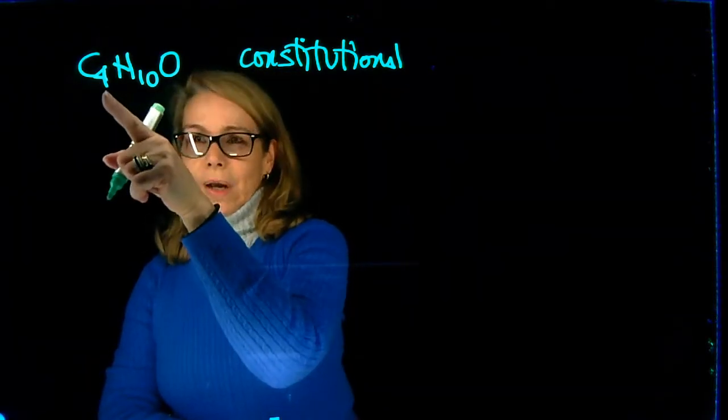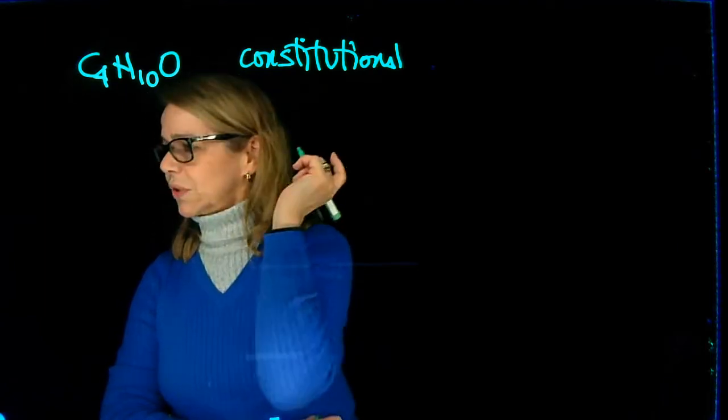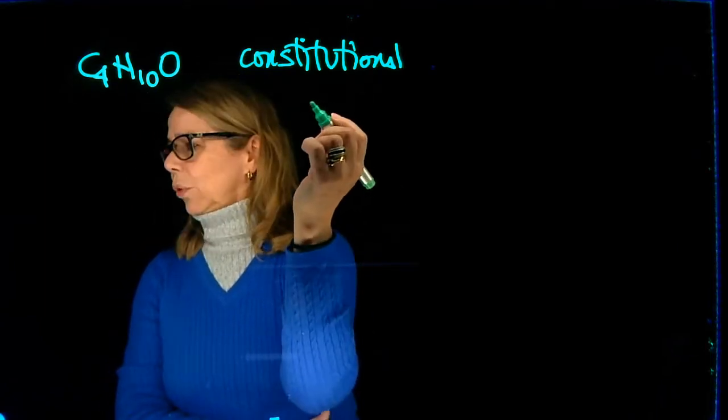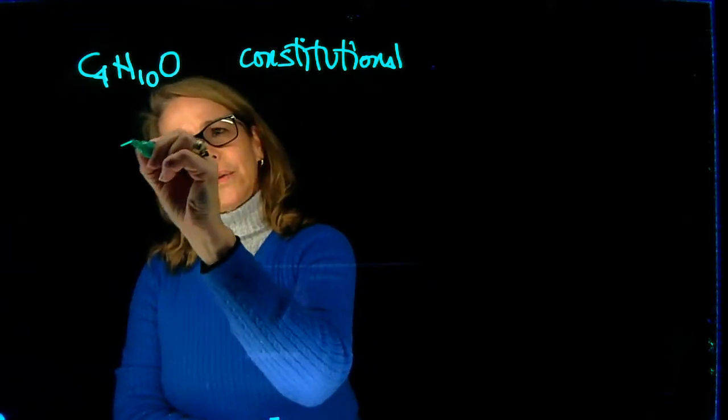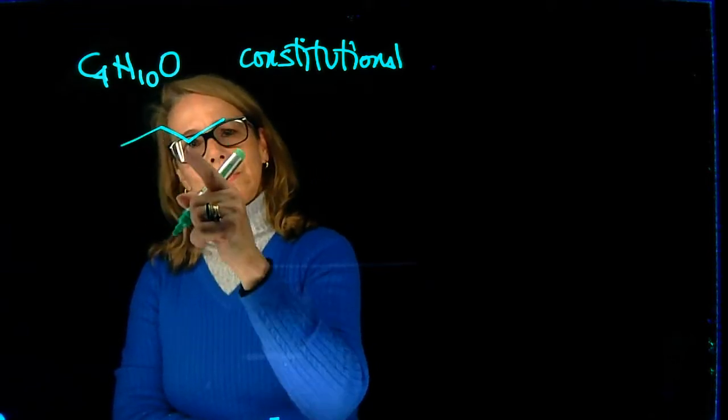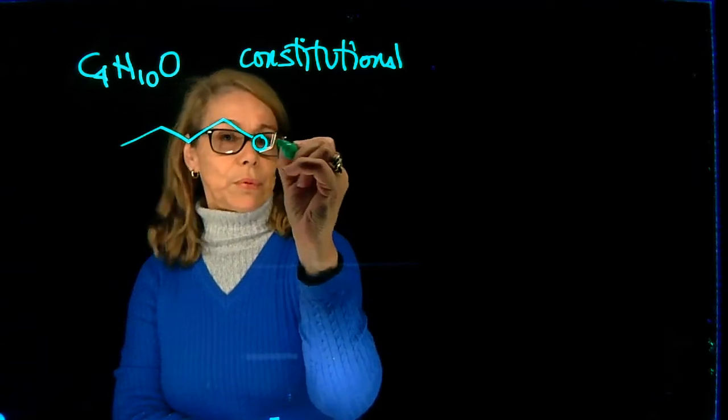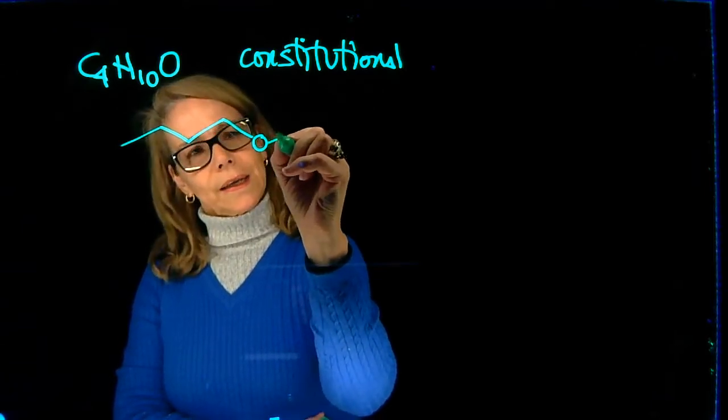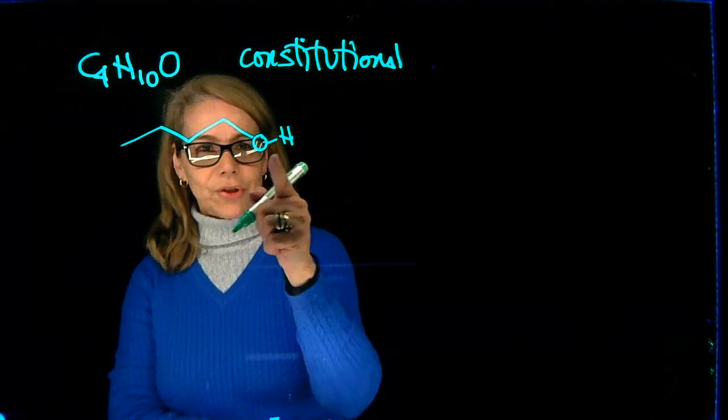Remember that I have 4 carbons, 10 hydrogens, 1 oxygen. So I'm going to put them several ways. I can do 4 carbons on a line, 1, 2, 3, 4, and then I put my oxygen. And I need to show the hydrogen attached to oxygen.